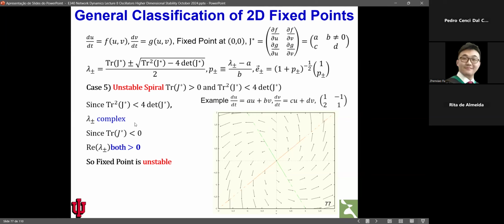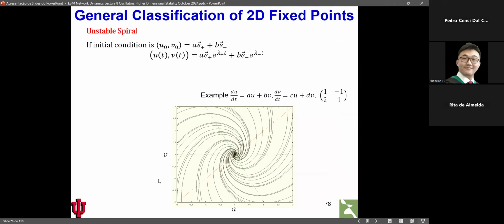Because of this, the fixed point is unstable, it's an unstable spiral. It seems to be the same thing, but it's going in this direction, not like that, it's going like that. Okay.